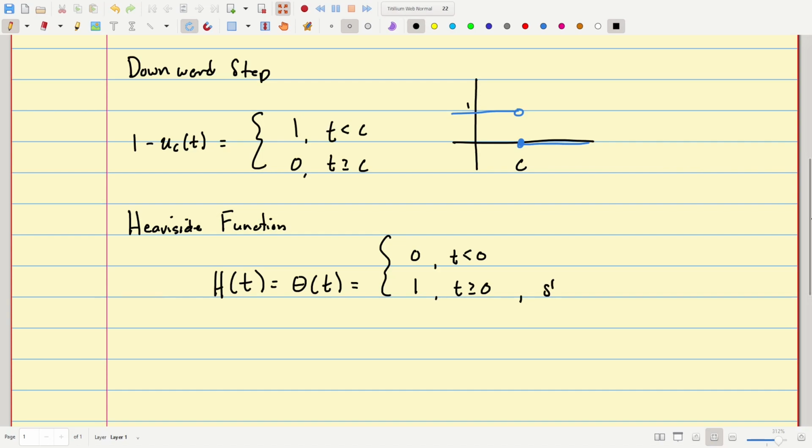And if you need to shift this, which is the role held by c in the notation that is used by the text, you would use the rules for shifting functions left and right that you are familiar with from algebra classes. You just change the argument to t minus c, and that's a rightward shift of t.